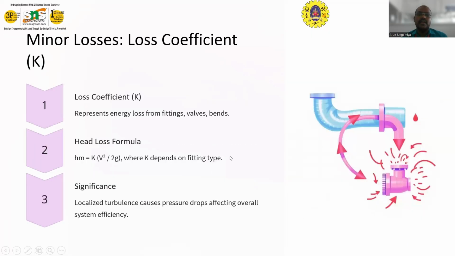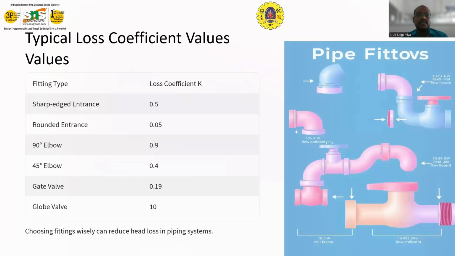Next one is the minor losses and the loss coefficient. Minor losses are denoted by the capital K. Minor losses happen by fittings, valves, and elbows. For the head loss, generally we use the formula hm equal to K into V squared by 2g. Next are typical loss coefficient values.